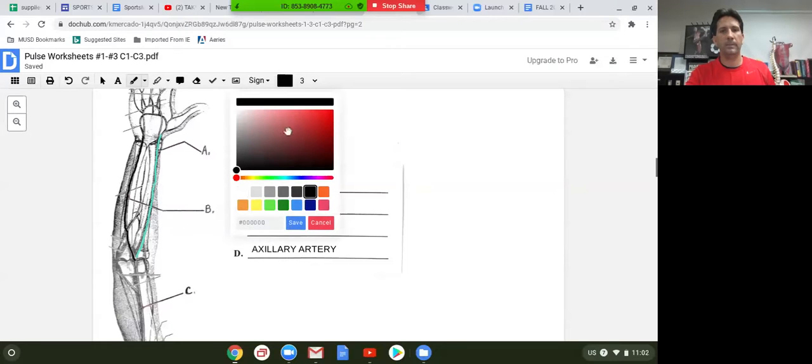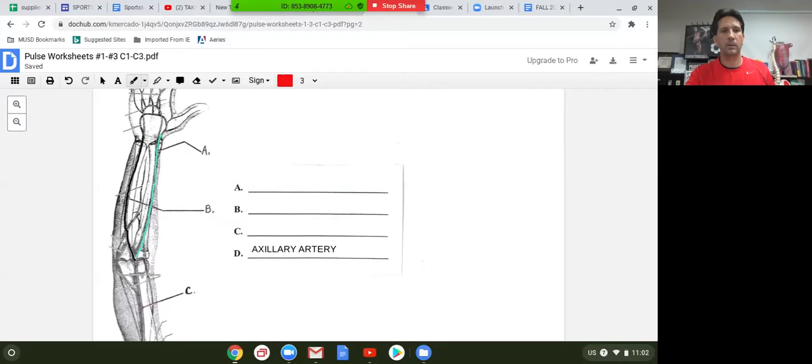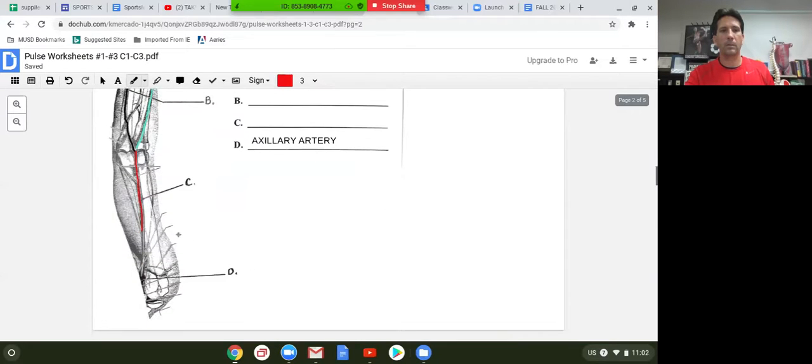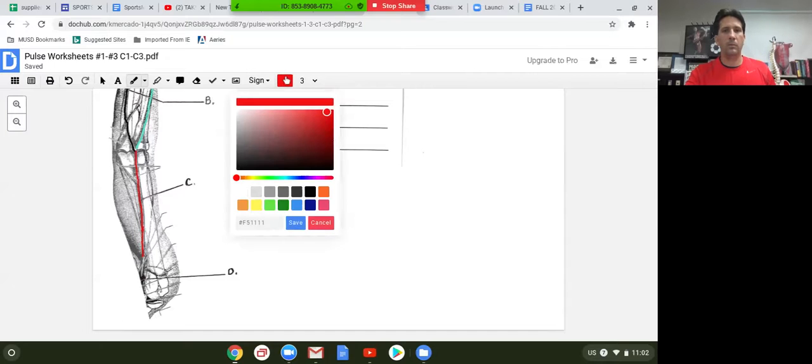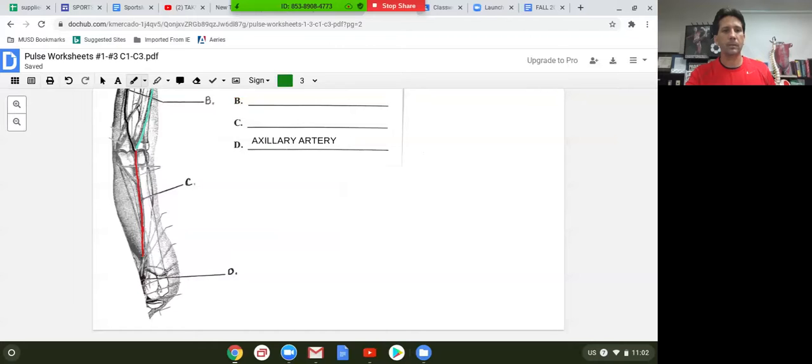We'll make C red. And then we'll make D green.